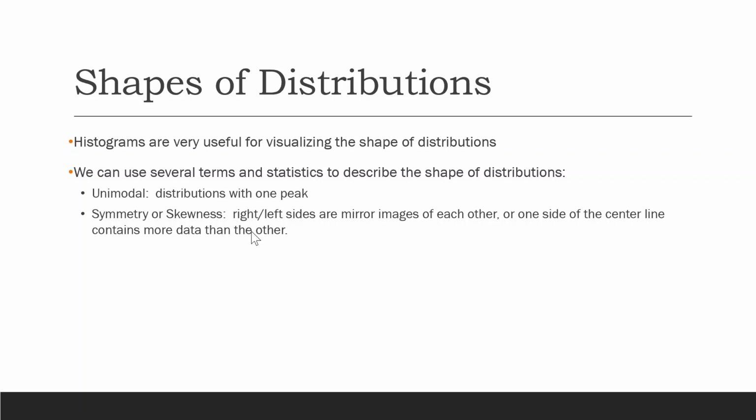When a graph has symmetry, the right and left sides are approximately mirror images of each other. And if we don't see approximate mirror images, where one distribution may contain all of the data on one side and very few on the other side of the graph, we're going to say that distribution has some skewness or is skewed.